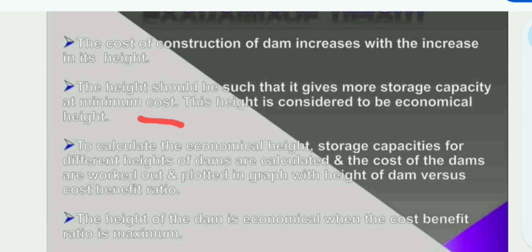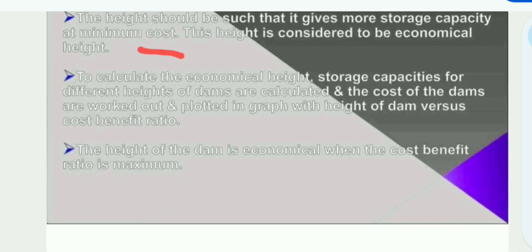To calculate the economical height, storage capacity for different heights of dam is calculated and the cost of the dams is worked out and plotted in a graph of height of dam versus cost benefit ratio. The height of the dam is economical when the cost benefit ratio is maximum.